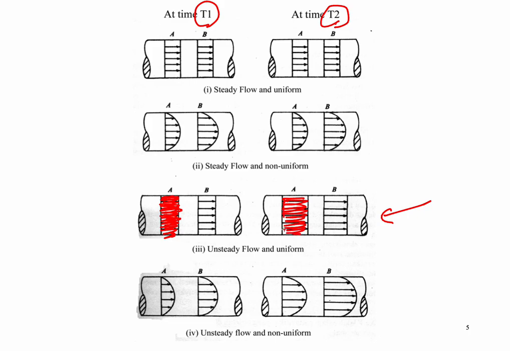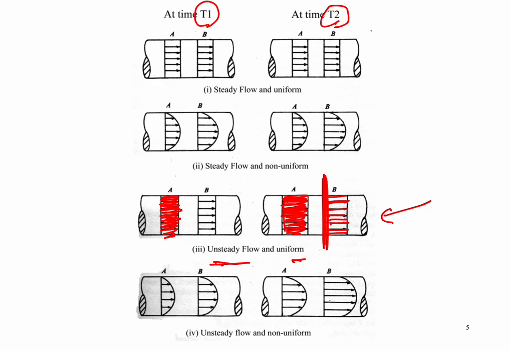So there is an increment of velocity after a certain time, meaning that it is unsteady flow. But if we look at one single location, for example this point, we find that all the velocity here is the same. So this flow is uniform.